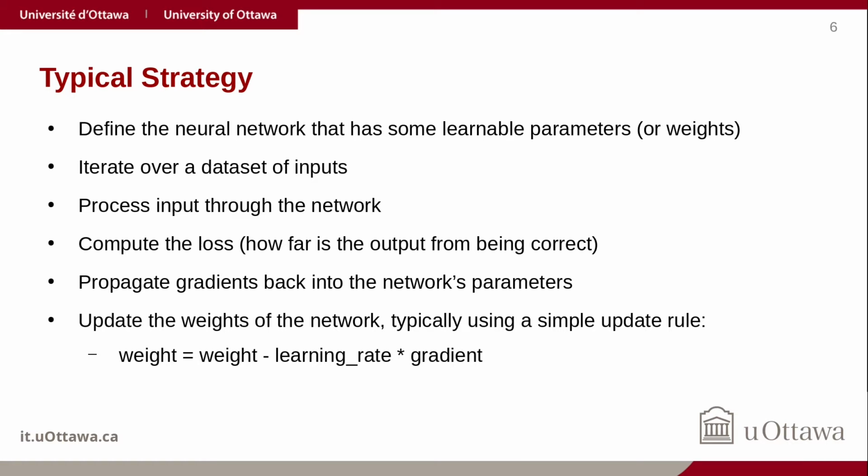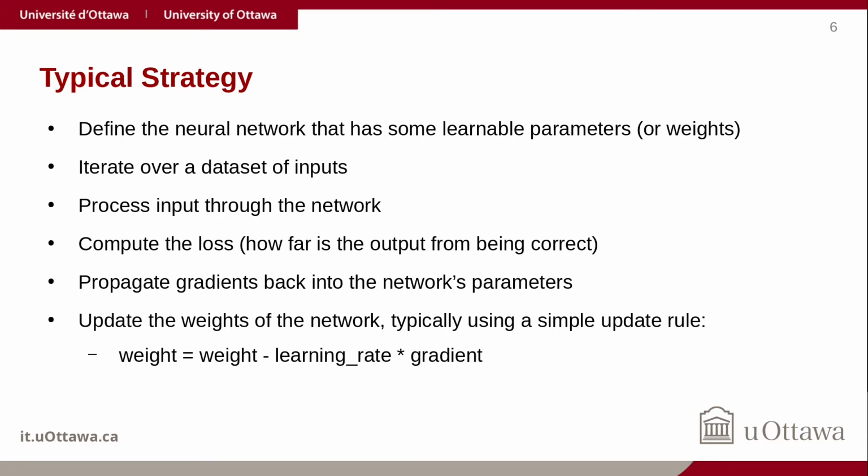So once you define the neural network, then you iterate over a data set of inputs. Those data sets can be anything you want. It can be your research data, it can be text, it can be images, it can be sound, all that sort of stuff. And then you take that input and you put it into the neural network.